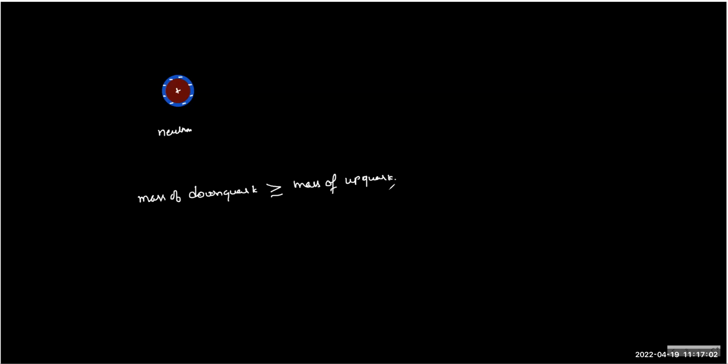So the mass of down quark is slightly more than the mass of up quark, and that is why, if you remember, the neutron is made of 2 down quarks and 1 up quark, and proton is basically 2 up quarks and 1 down quark.